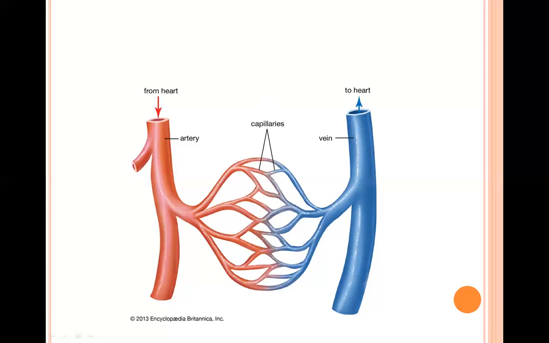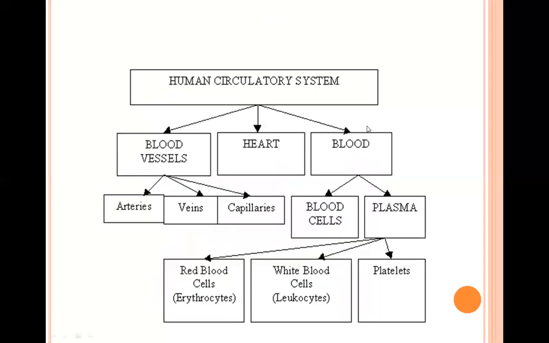The work of a capillary is to bring blood near to the body parts, provide them with oxygen, take their waste products, and dump the waste back into the vein. Then this vein goes to the heart, and the heart pumps it to the lungs. From the lungs, the carbon dioxide escapes, oxygen is taken up, and oxygenated blood again goes back to the heart. So this is the human circulatory system component.